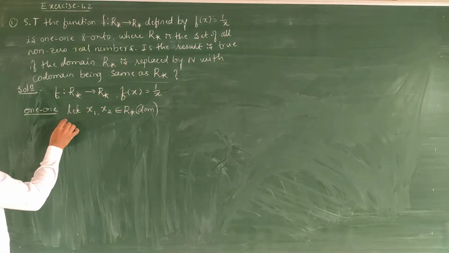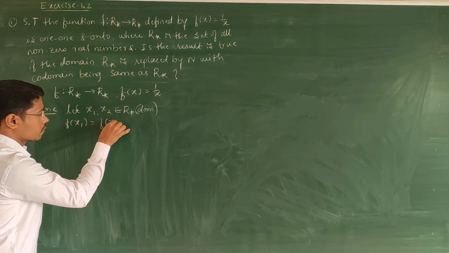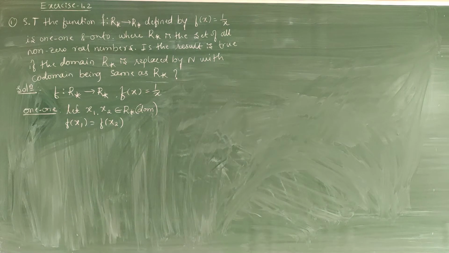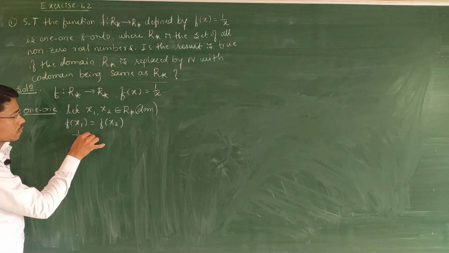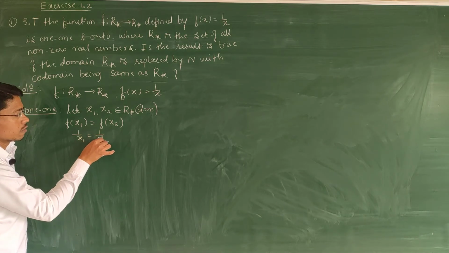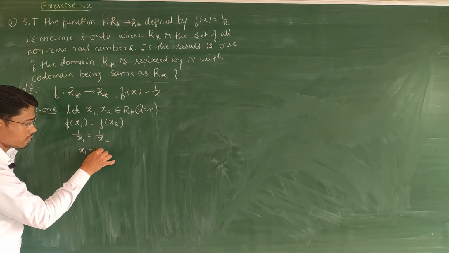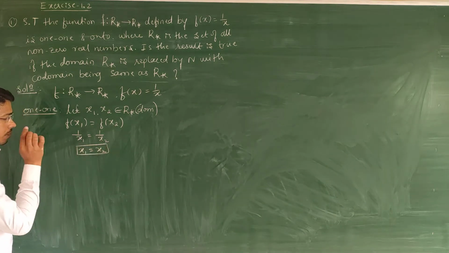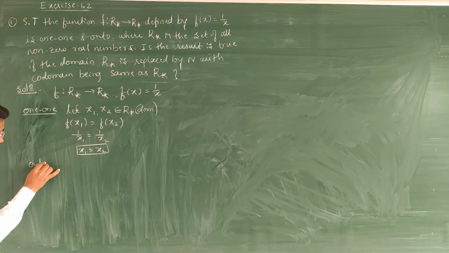So f of x1 equal to f of x2. Putting 1 by x1 equals 1 by x2 and cross multiplying, we will get x1 equal to x2. Right. Next is onto.